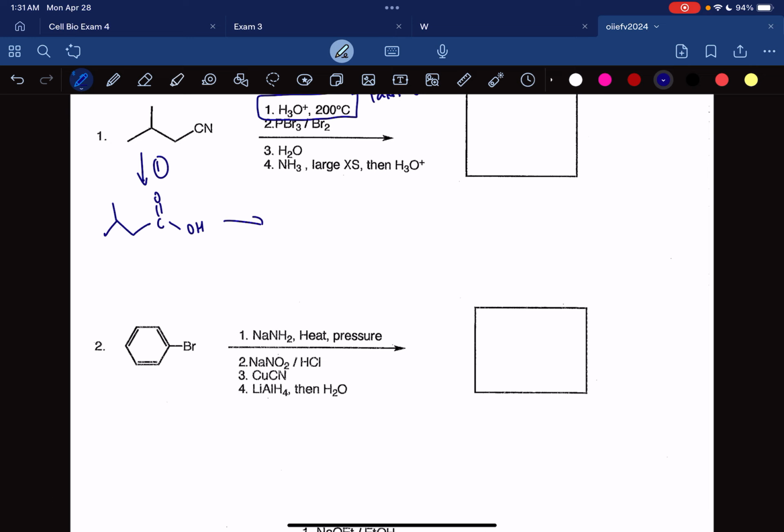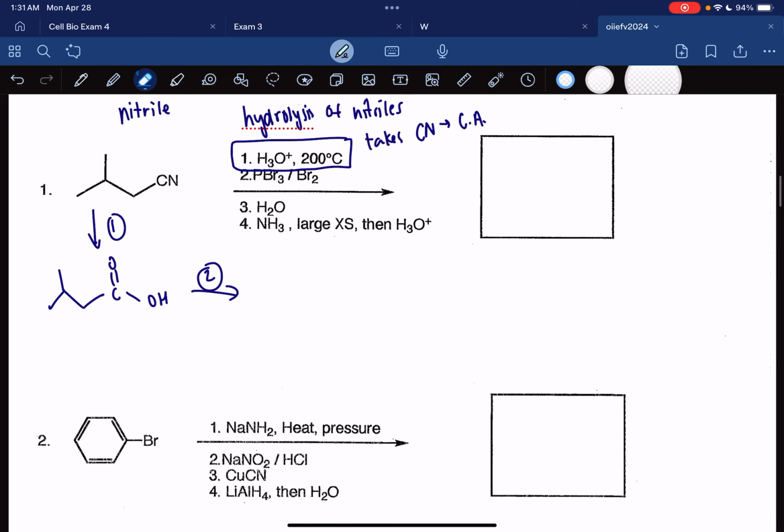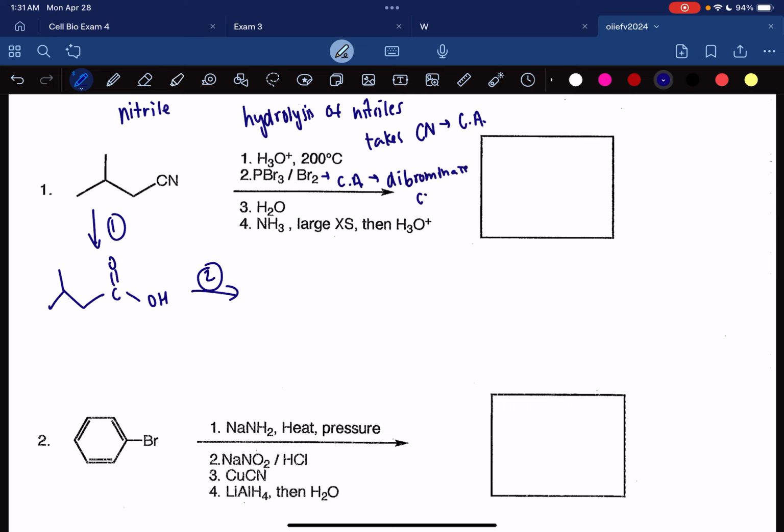Then reaction 2, PBr3, Br2. So this one will take a carboxylic acid to a dibrominated carbonyl.